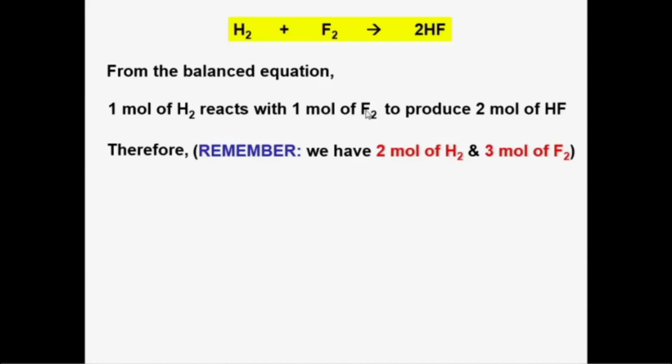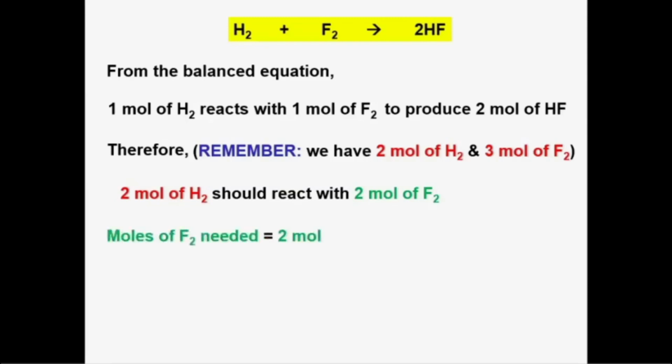In this case we have 2 moles of hydrogen, so therefore 2 moles of hydrogen should react with 2 moles of fluorine. Got it? So what can we say here?